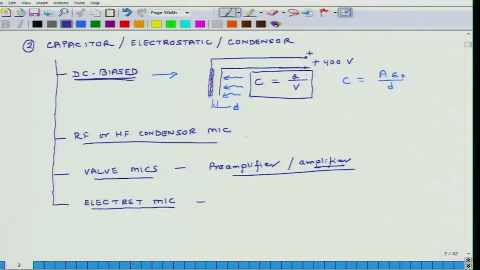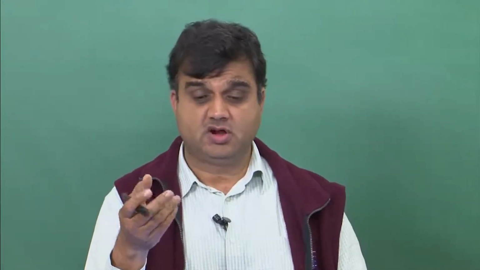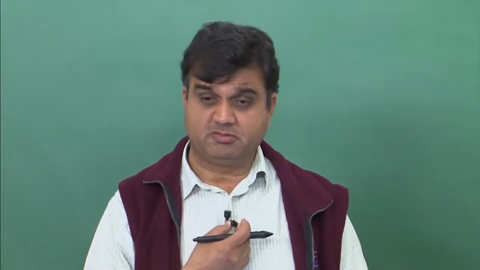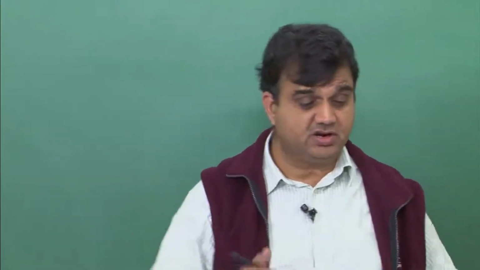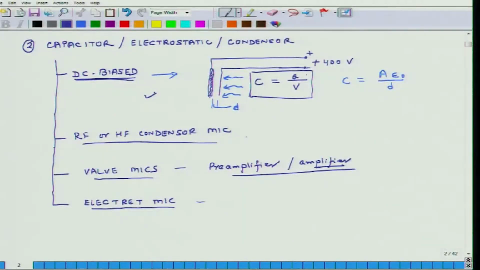Where do we use these electret microphones? Most of the microphones which you will see nowadays in day-to-day applications, your cell phones, laptops, a lot of desktop applications, maybe even this particular microphone which I am having on my shirt, may be of electret type. A very significant advantage is that in DC biased microphones, if you have a lot of humidity, there could be leakage of voltage and charge to the outside world.